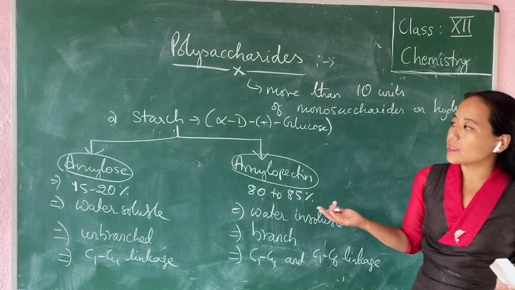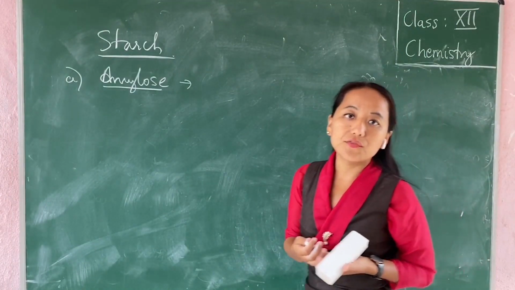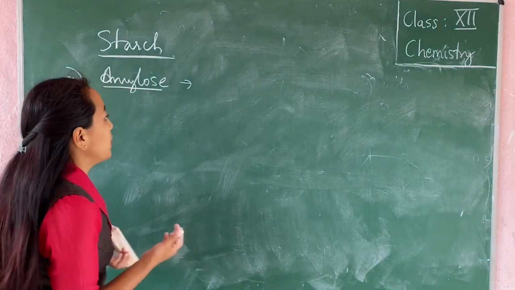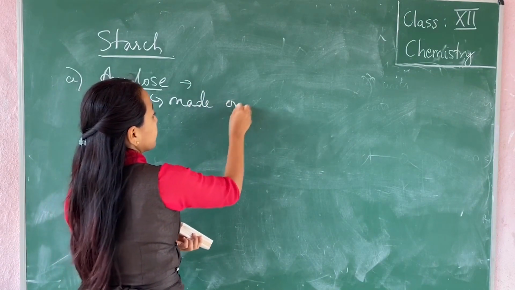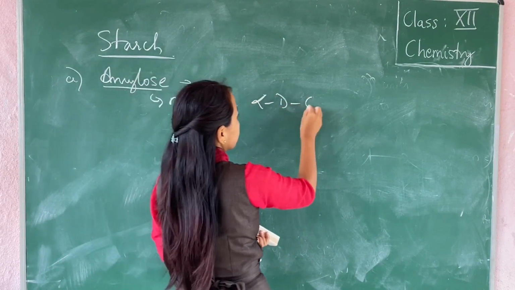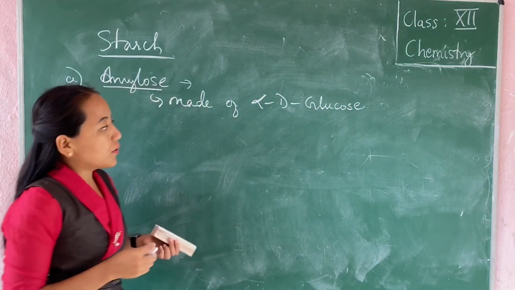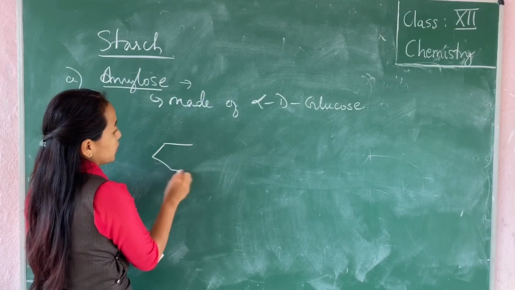Now let us look at the structure of amylose and amylopectin. Look at the glycosidic linkage formation in amylose. Amylose and amylopectin both are made up of alpha D glucose units. In order to show the linkage, let us first draw some of the alpha D glucose units.